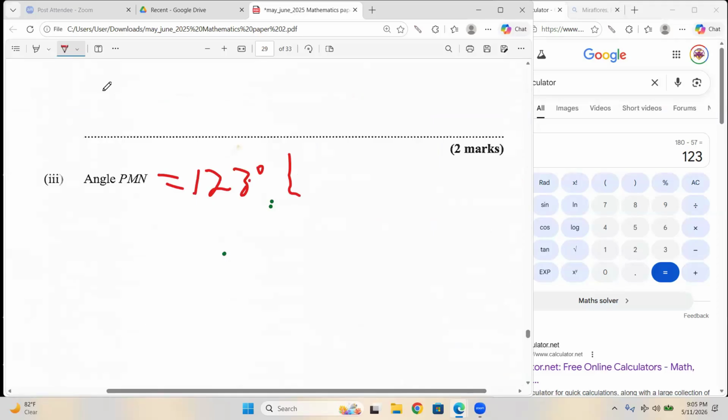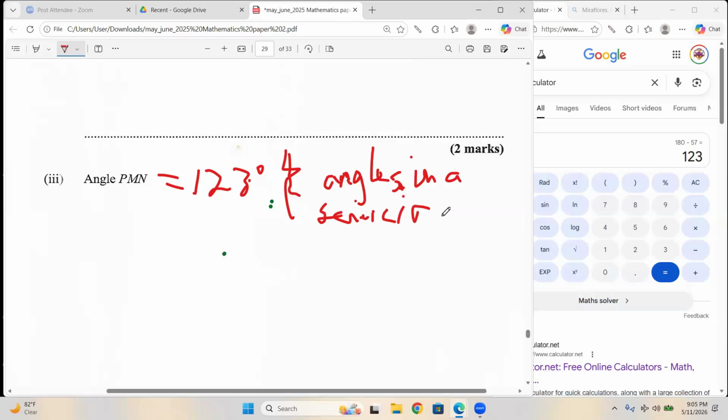My reasons will be: angles in a semicircle. Oh, what's the next one I said?